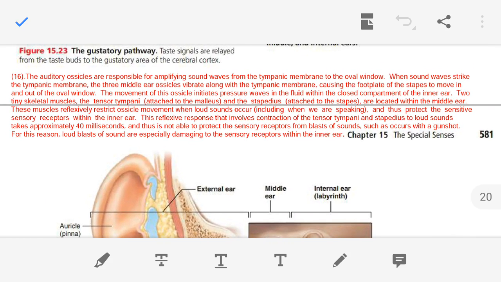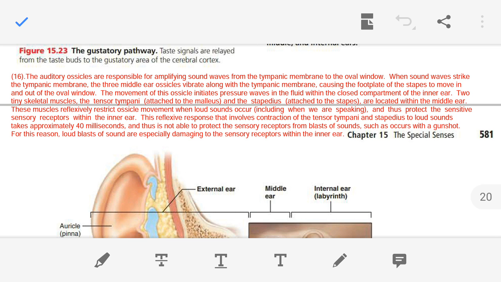And that's why, in our home, see, the music system is there, and if on a daily basis we are playing music on a high note, loud sound, high volume for our songs, it can damage the tensor tympani and stapedius muscles, and these two muscles will lose the reflexive restriction on ossicle movement.